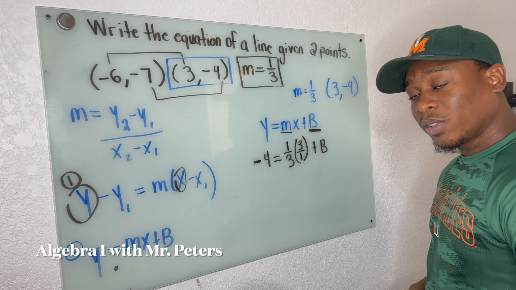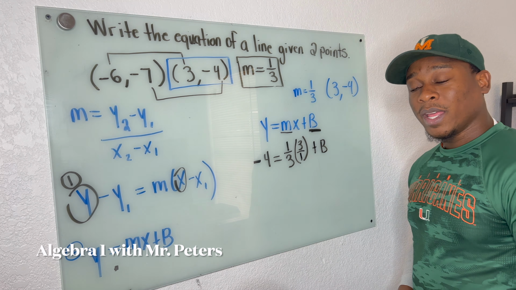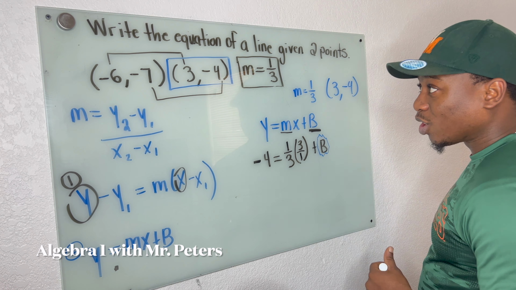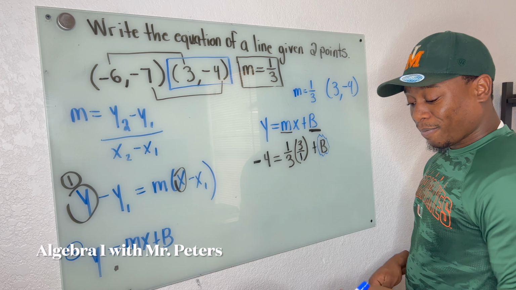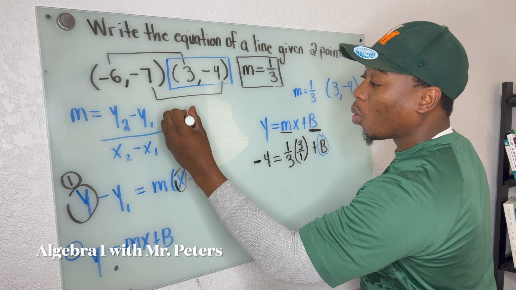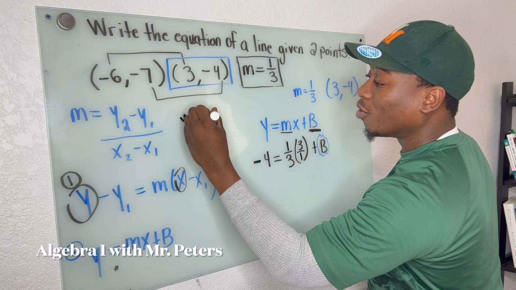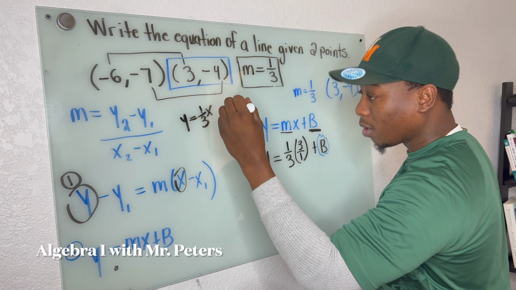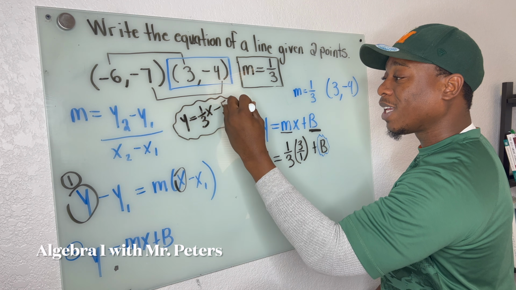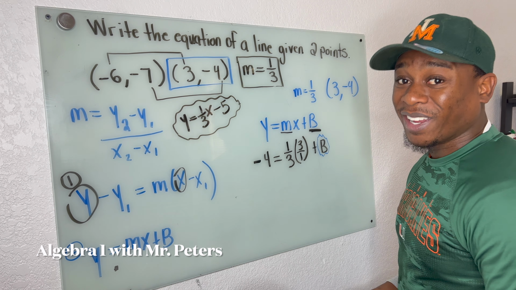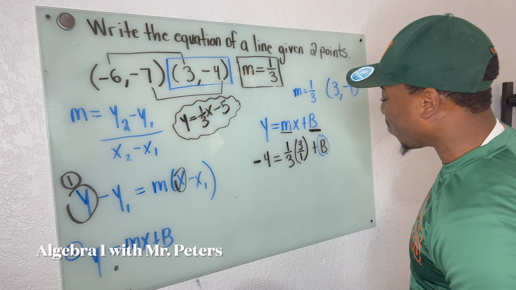So now that I've substituted, let's switch back into blue and see if we can clean this up and figure out what b is. And just remember, guys, our last equation, the final answer we had, was y is equal to 1/3x - 5. So let's see if we're going to get the same exact equation. I did forget to write it back after solving the first problem.